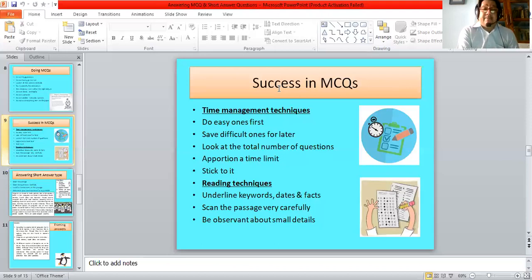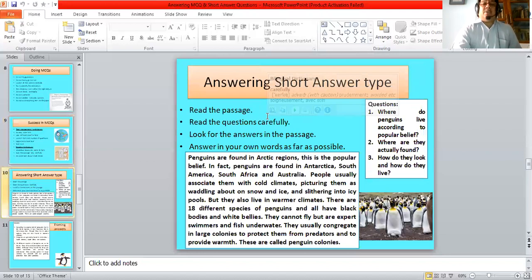Read the passage carefully, underline all the keywords, dates, facts, and other details, and scan it carefully. These are some of the techniques we have to follow, particularly time management and careful reading, when answering MCQ type questions.